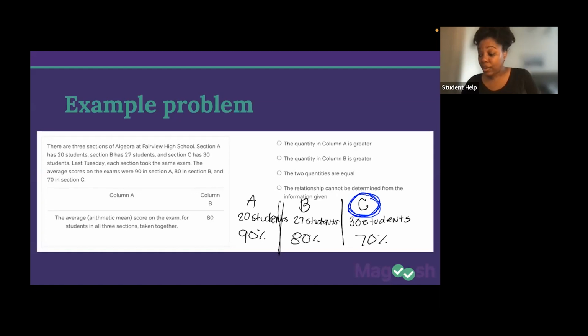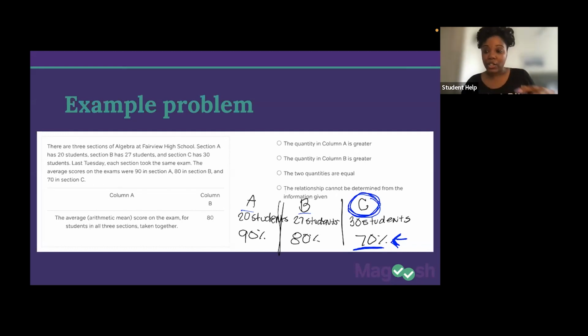I also notice that C has the lowest test score. So as I add students into this group A, B, and C, it's going to weigh down closer to 70 because that is our biggest group of students.